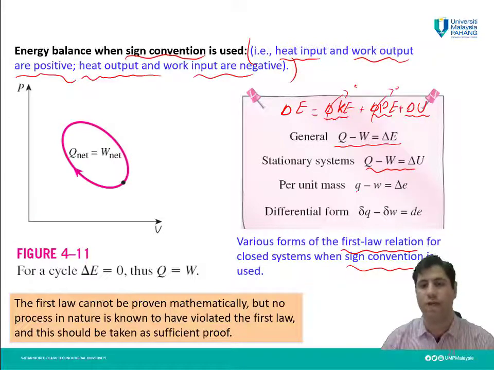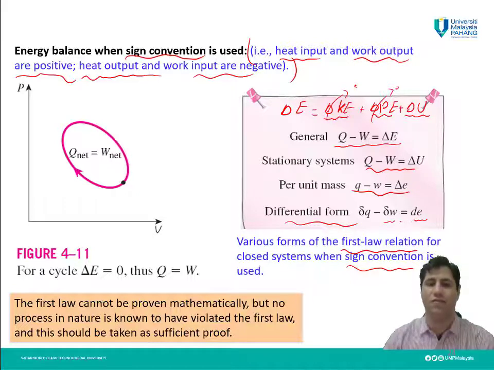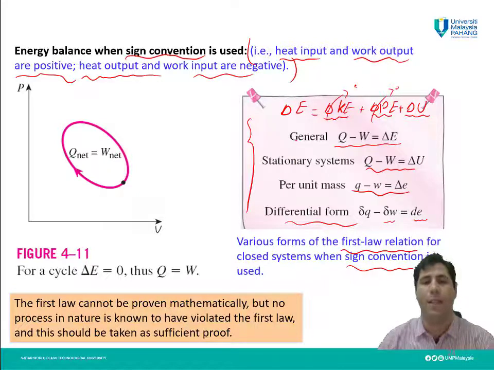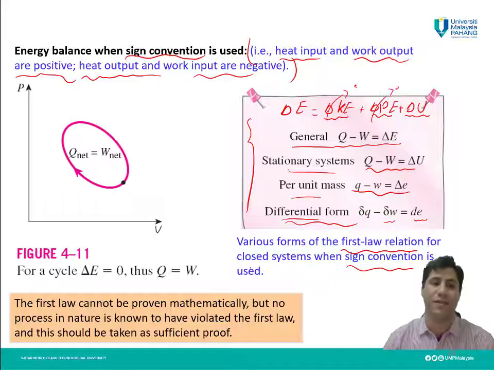We will have q minus w equal to delta e. And in differential form, simply delta Q minus delta W equals dE, or differential change in the energy of the system. So you can see different forms of the energy balance equation for a closed system: the general form, the form for a stationary system which doesn't have any potential or kinetic energy changes, per unit mass, and also the differential form.